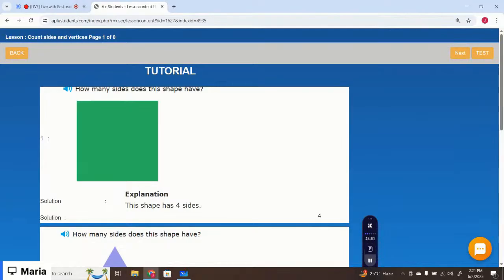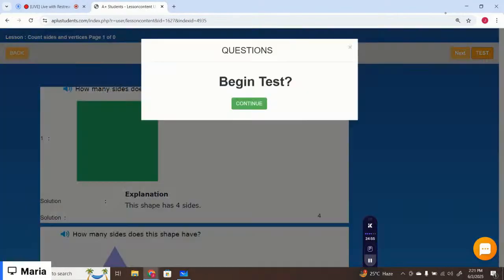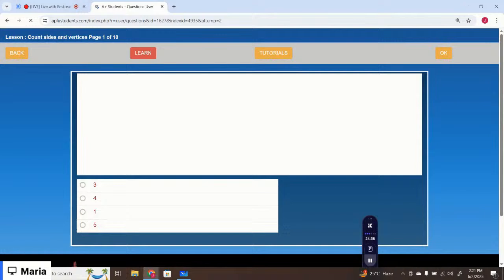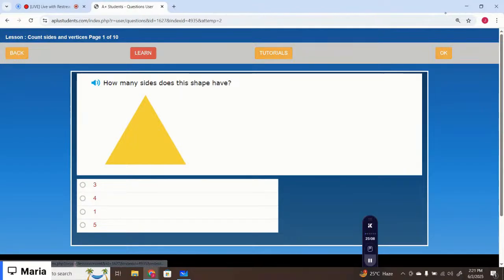How many sides does the shape have? The shape has four sides, right? Let's just start with the first one. How many sides does the shape have, which is the correct option?